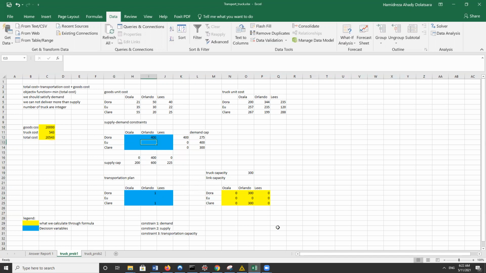So for making it easier, I make another table, which is about truck capacity. It's nothing but my transportation plan times truck capacity. So all these yellows are just formulas: the number of trucks that you decided in the second decision table times capacity.